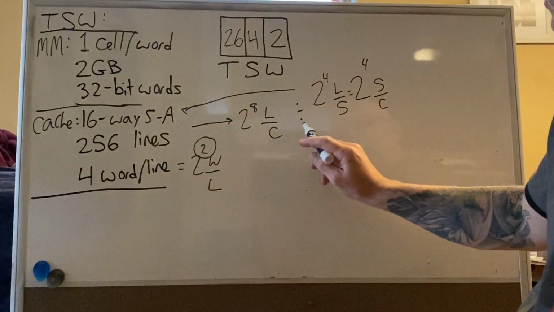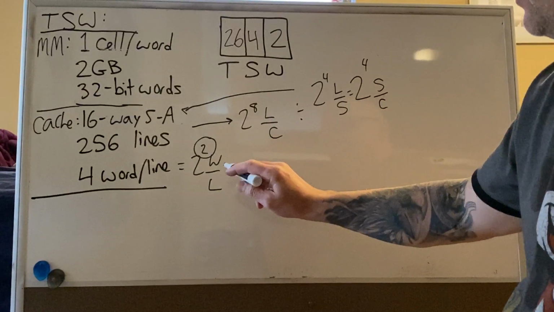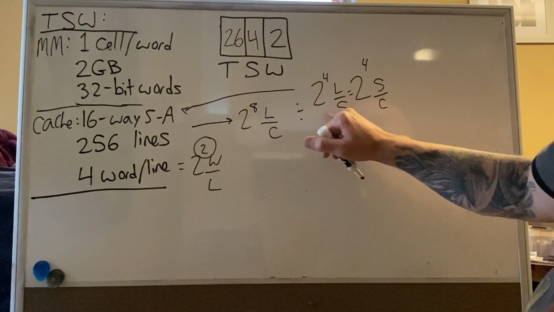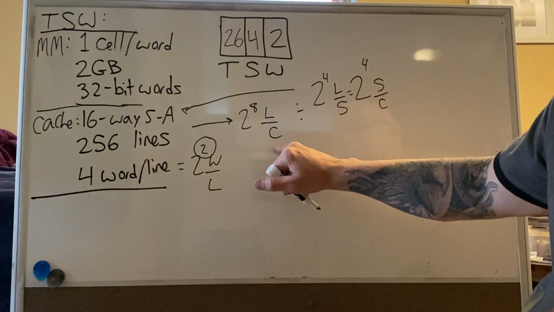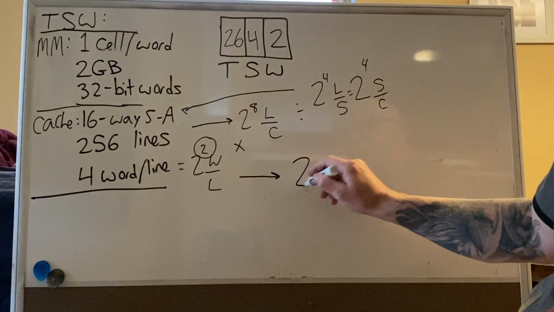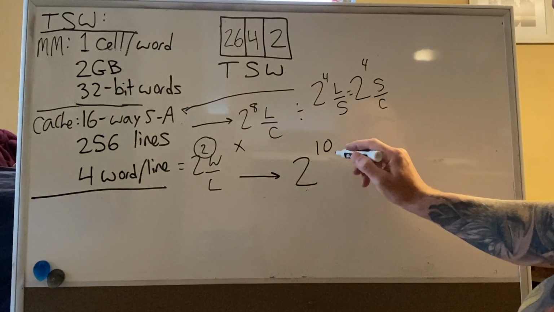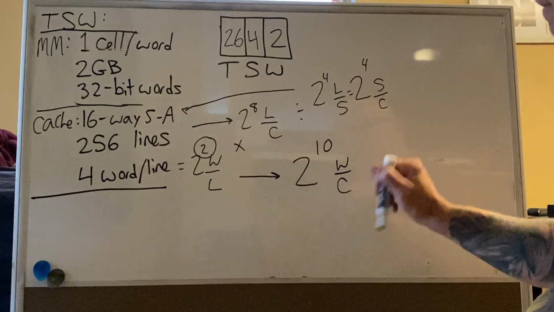Well, let's see. There are 2 to the 4 lines per cache times 2 to the 2 words per line, which is equal to 2 to the 10 words per cache.